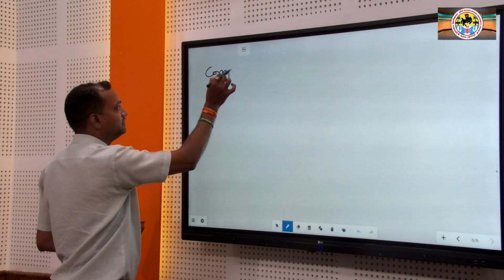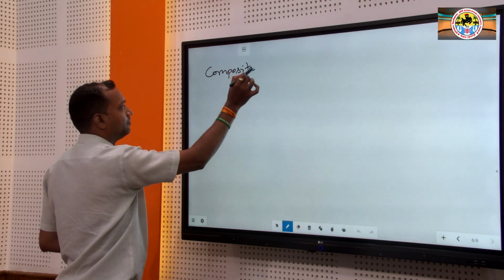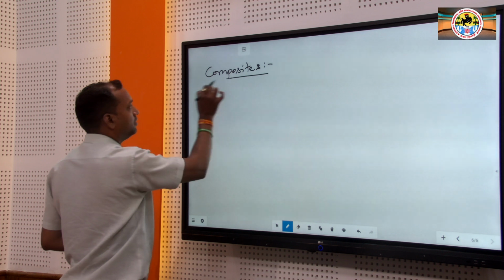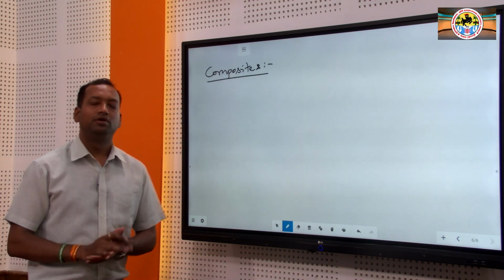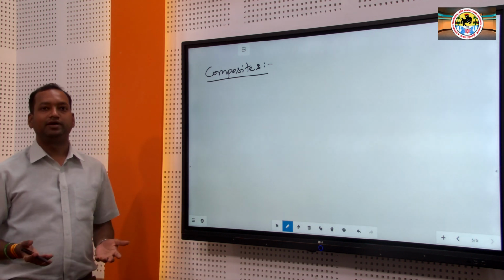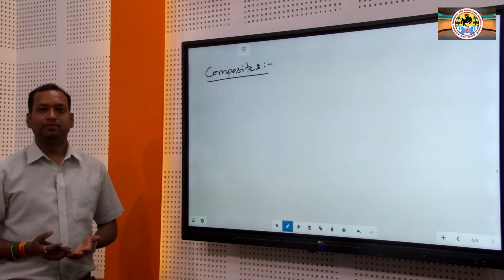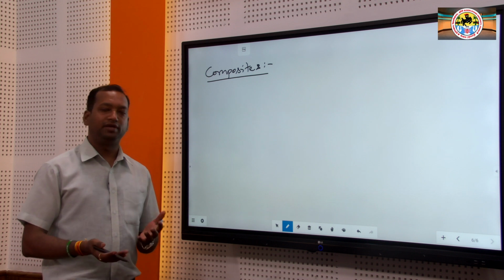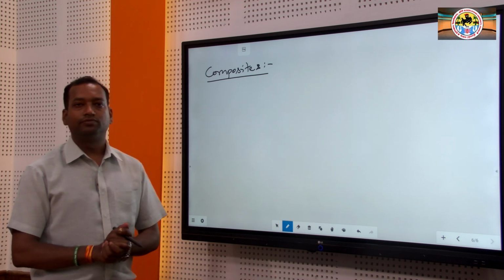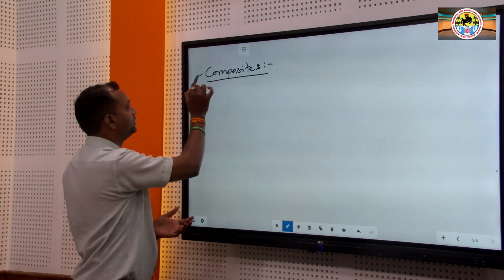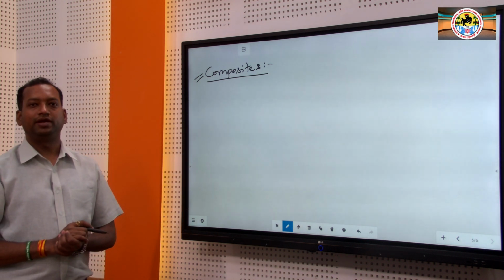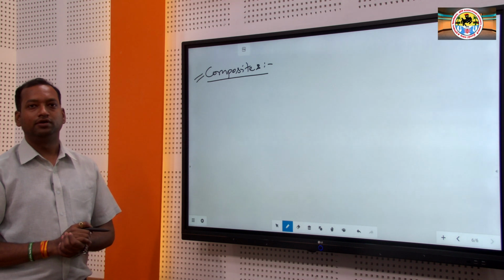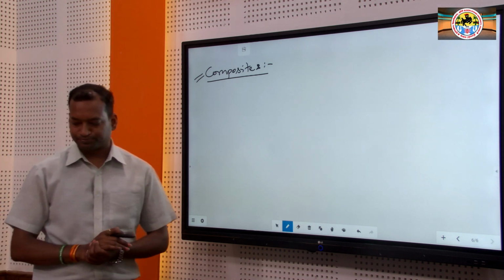Composites are materials which can be obtained by artificial means by combining two or more materials together, maybe metal to metal, maybe metal to non-metal, maybe ceramic, plastic, maybe polymers. So, the broad area of composites provides us applications where we can use them.